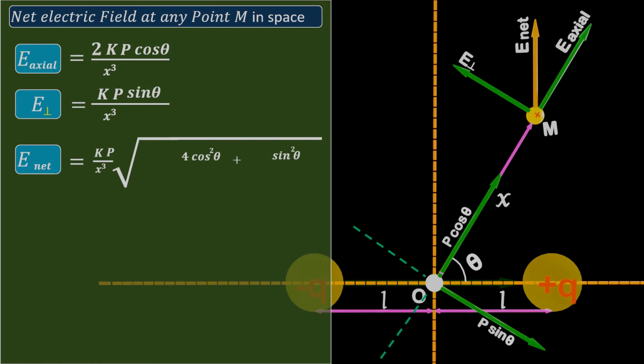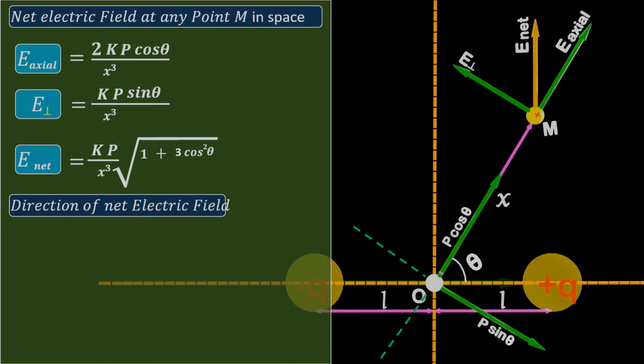Simplifying further, 4 cos square theta can be expanded as 3 cos square theta plus cos square theta, and cos square theta plus sin square theta equals 1. Thus, the final equation for the net electric field is kP by x cube into root of 1 plus 3 cos square theta.